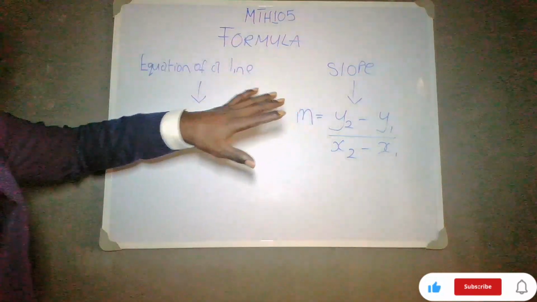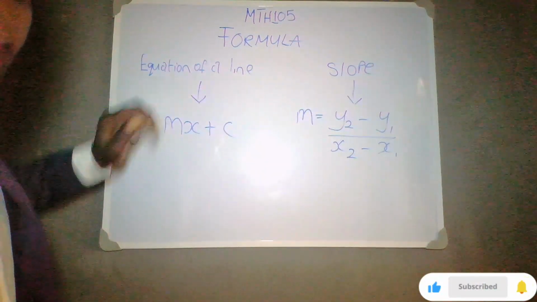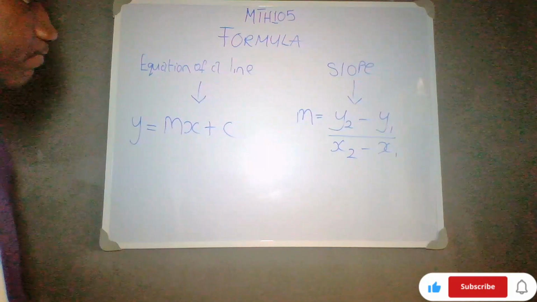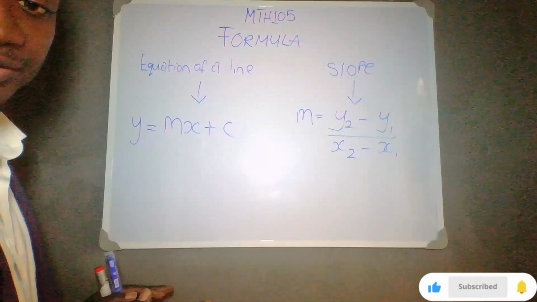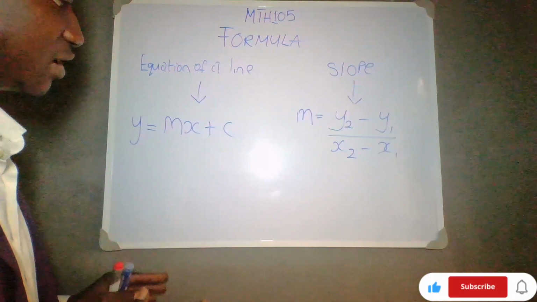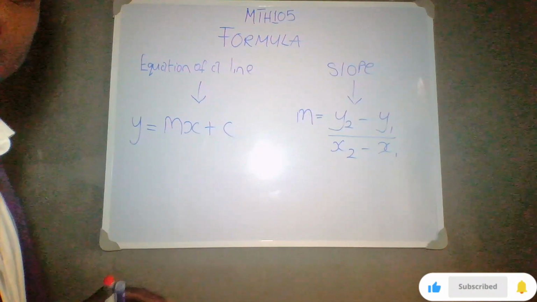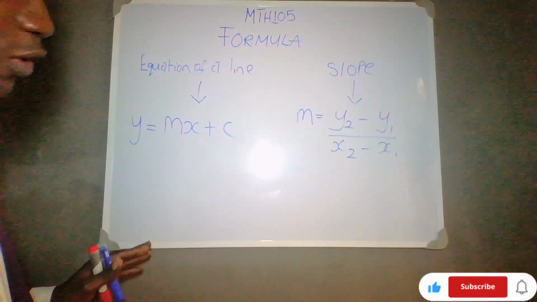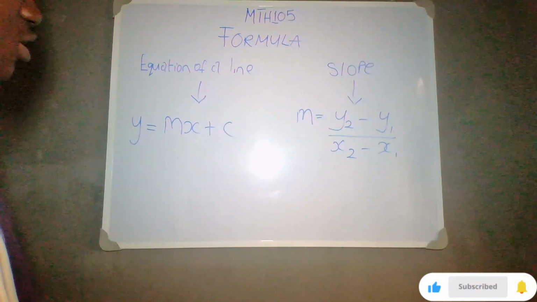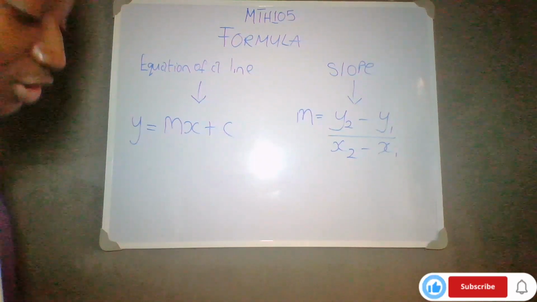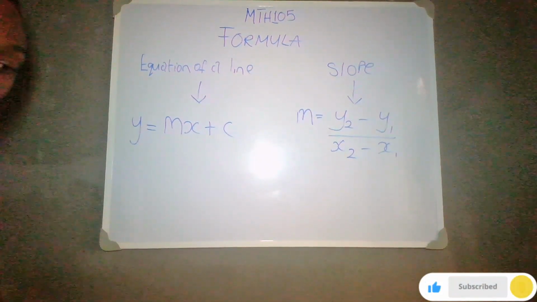This is the formula for slope and the equation of a line. We'll be using this to solve some examples and illustrations. I hope this has been taken note of. So let's plug this into solving a question.